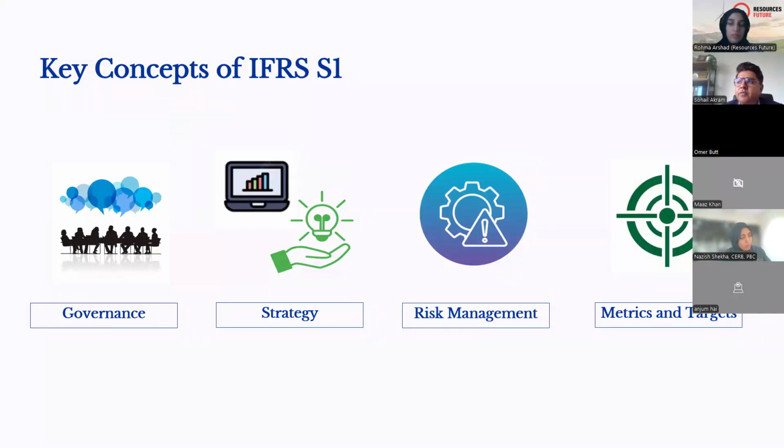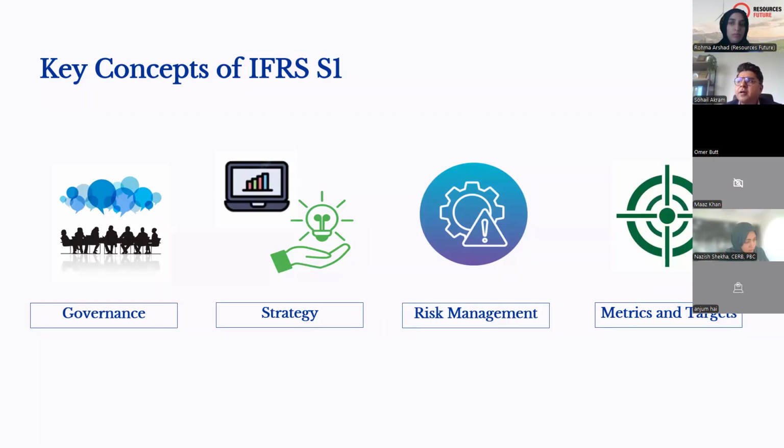So, for example, a metric could be reduction in emissions or greenhouse gases. And the target could be a reduction of greenhouse gases by 30% by 2030. Another metric could be an increased number of women in leadership roles within the organization.